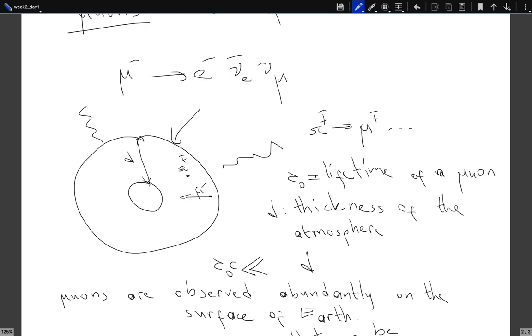Now we go back to the other observer, moving with the muon. Since he is moving with the muon, the clock of the muon will be just flowing at its ordinary speed. So it will just live 10 to the power minus 10 seconds, let's say. At the same time, the atmosphere is moving in that direction now, in this new reference frame.